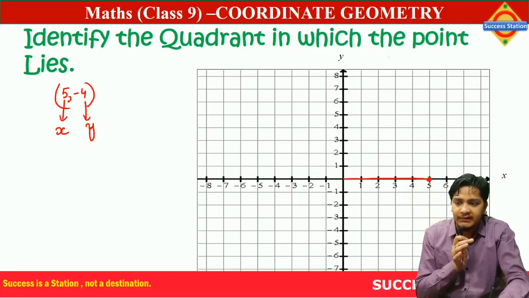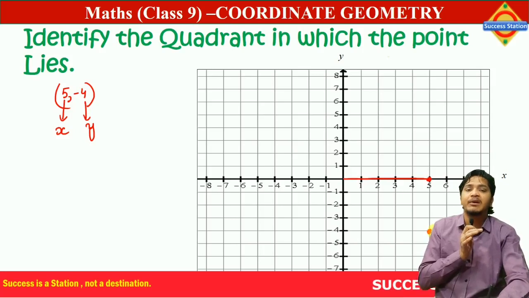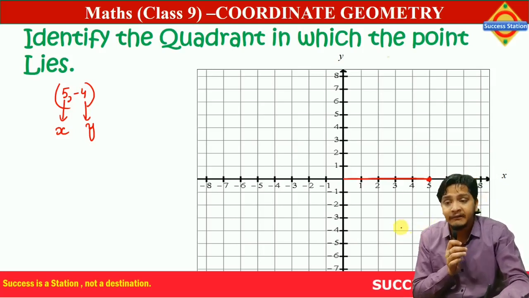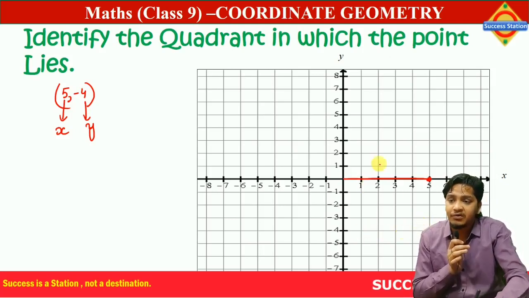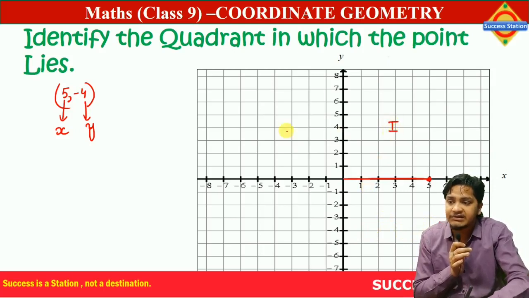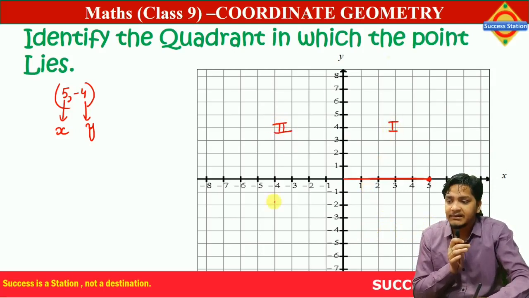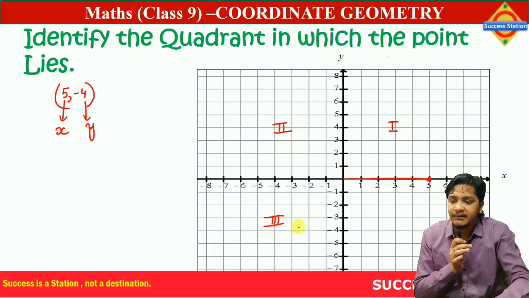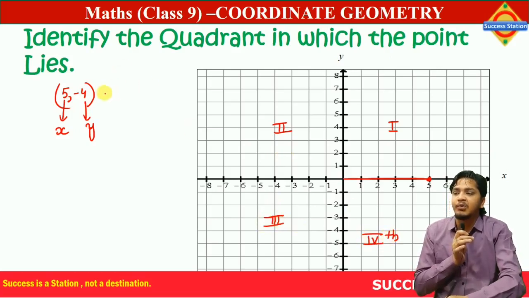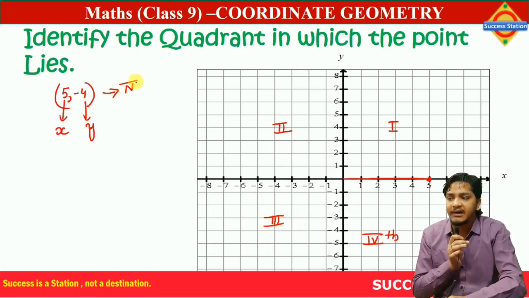So my point is 5 comma minus 4. But it is not asking for the point, it is asking for the quadrant in which the point lies. This is first, second, third, and this is fourth. So this point lies in the fourth quadrant.